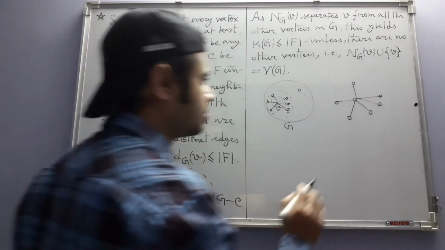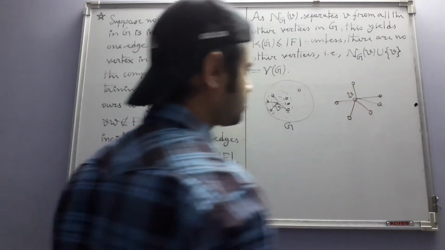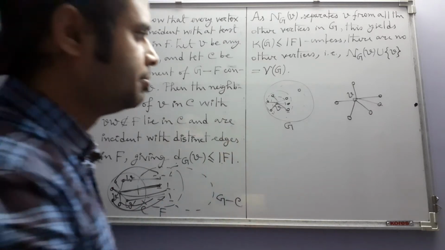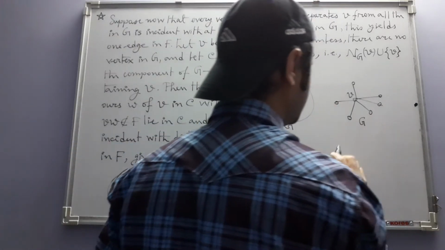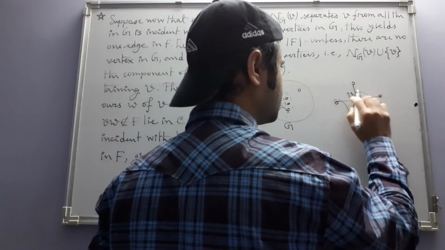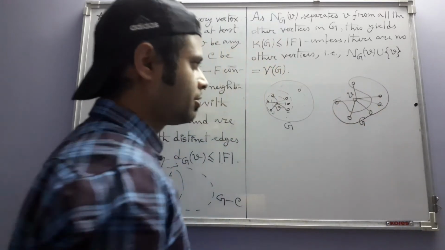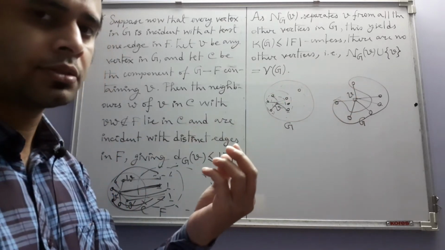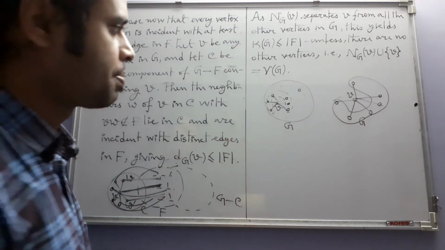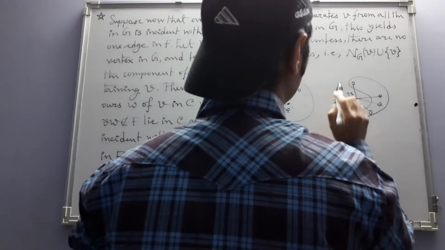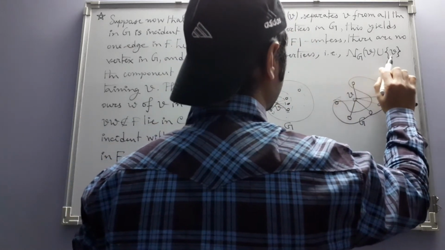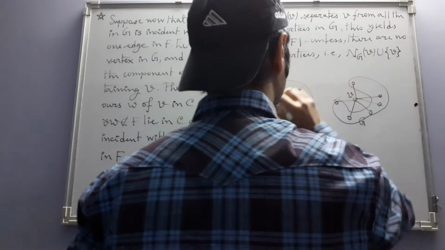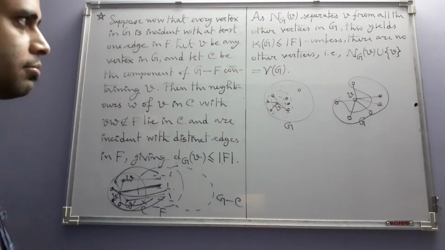We started like that. If this itself is G, then removing these neighbors does not disconnect G, because once you remove them, you have a single vertex, which is a connected graph. So the neighbors of V and V give us all the vertices of G.